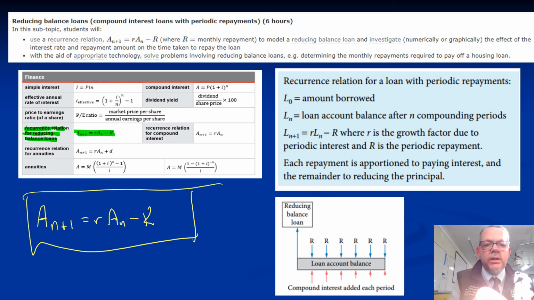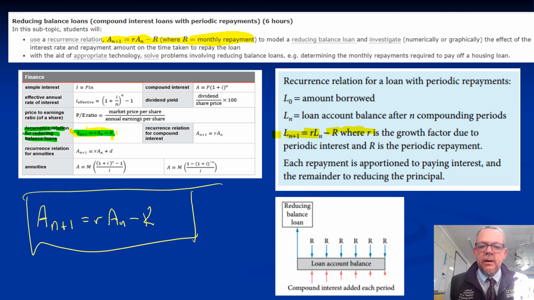Our recurrence relationship for a reducing balance loan looks like this. This is in your formula book and in your textbook. The big difference is that your textbook uses L for loan, whereas your formula book will have A for amount.